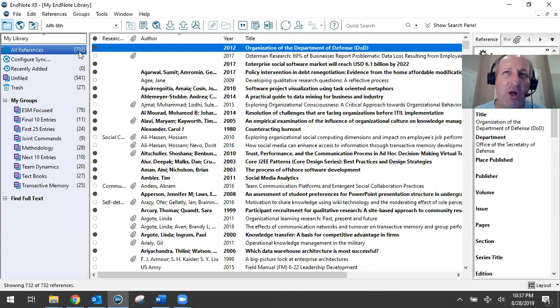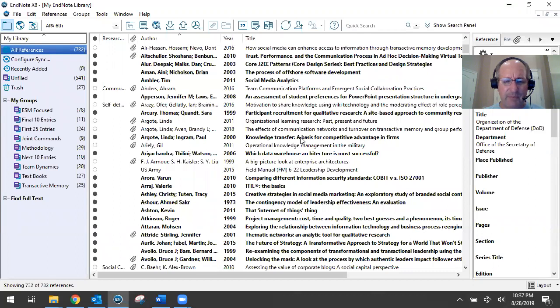Thinking back over all of my coursework and all of the assignments during that coursework, and then of course your dissertation, having hundreds and hundreds of references in your library, not in any one document, but in your library, is probably not extreme. But you'll see some of these are more useful than others.